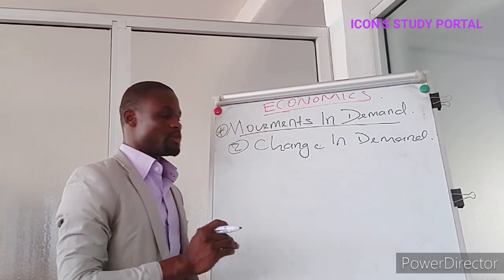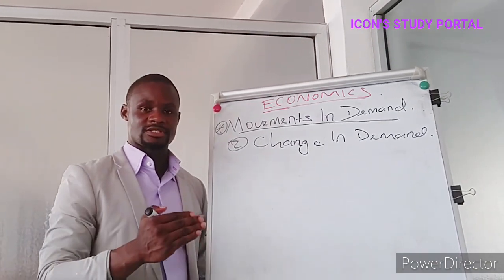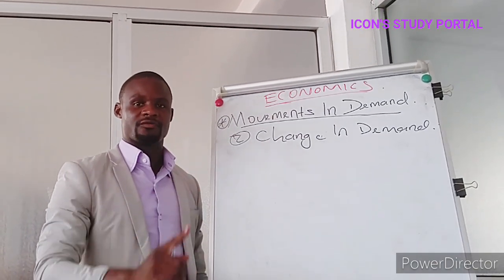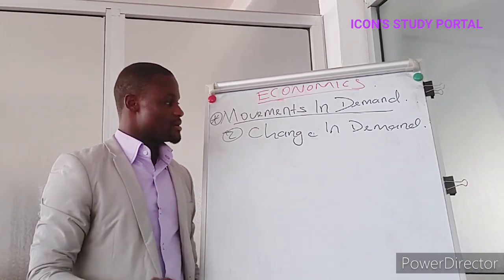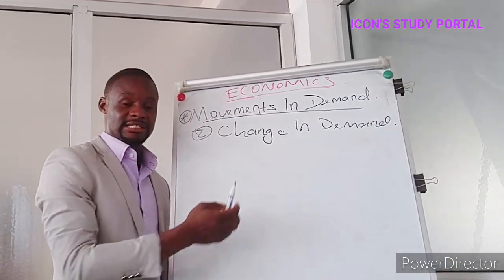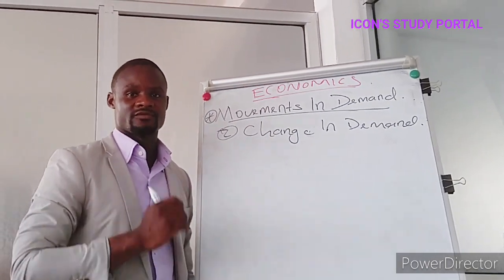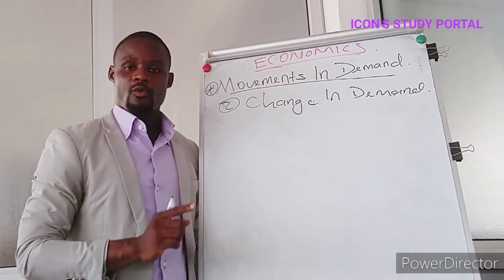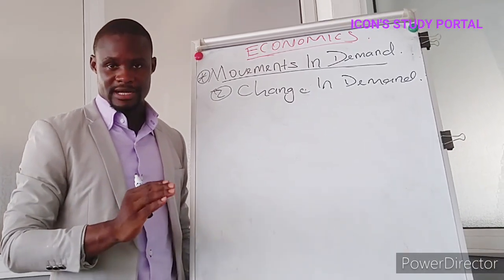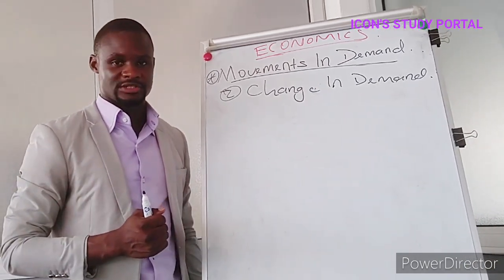Meaning that with change in quantity demanded, it was the upward or downward movement of the same demand curve, which is caused by changes in price. But with change in demand, it is a complete shift of the demand curve, either to the right or to the left, which is not caused by price, but by the factors that influence demand.